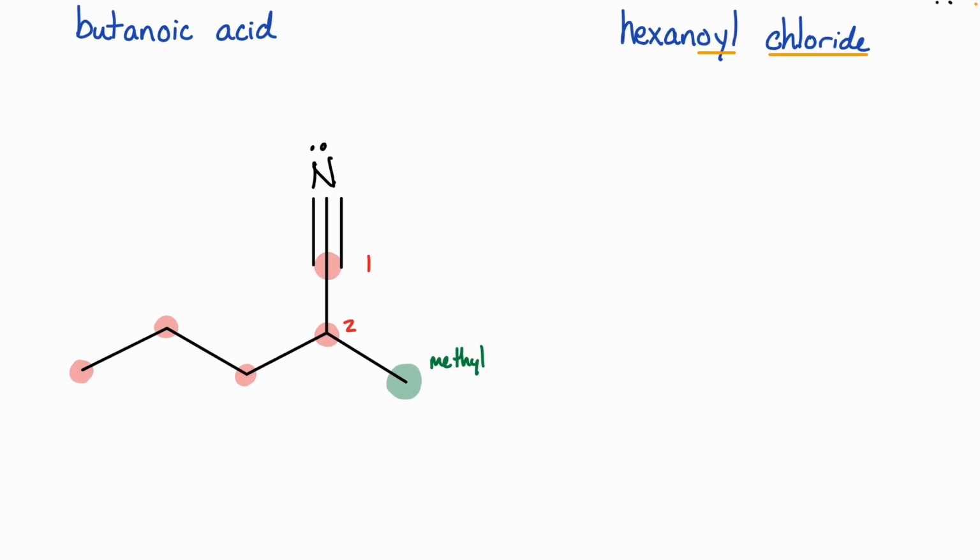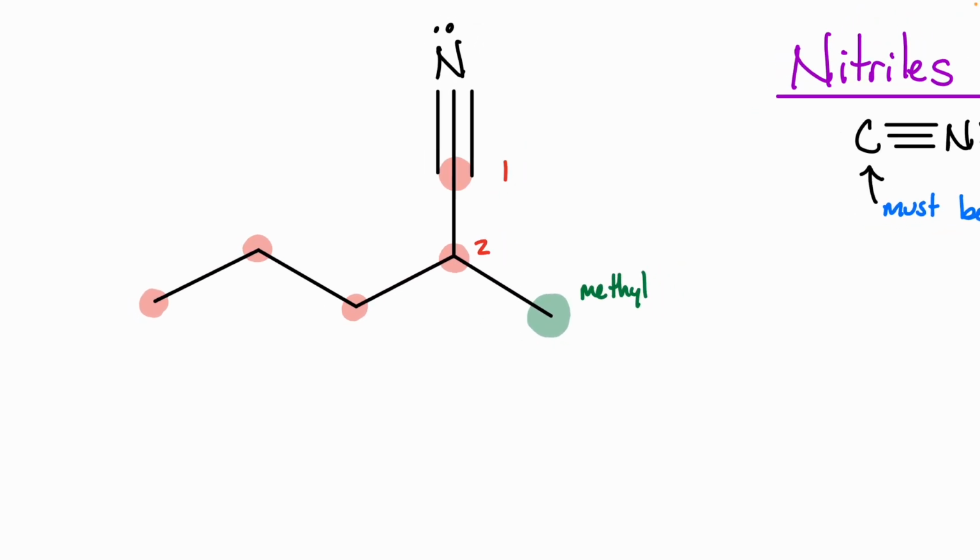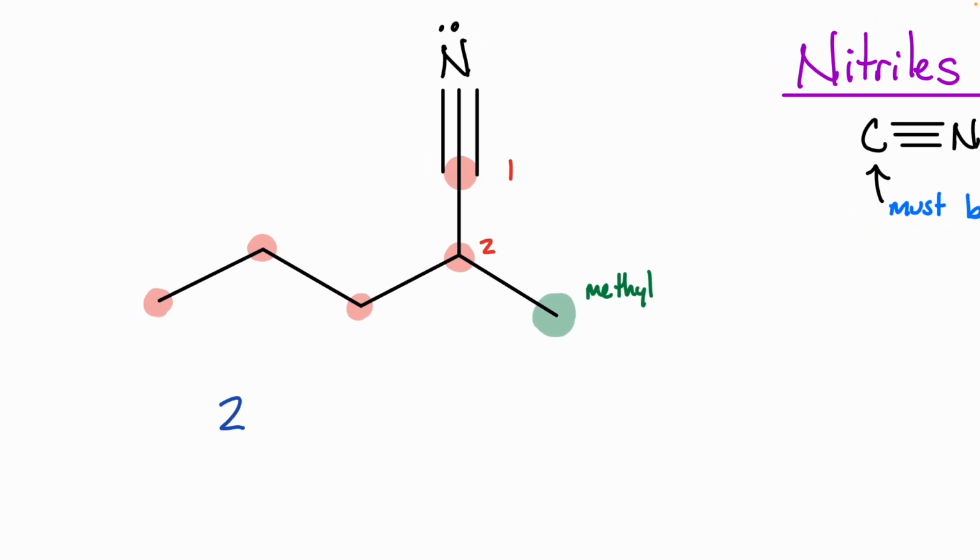And let's just kind of make special note here for our nitriles. That C that's triple bonded to that N, all right, this must be carbon 1. Okay, so my name here would be 2-methyl.